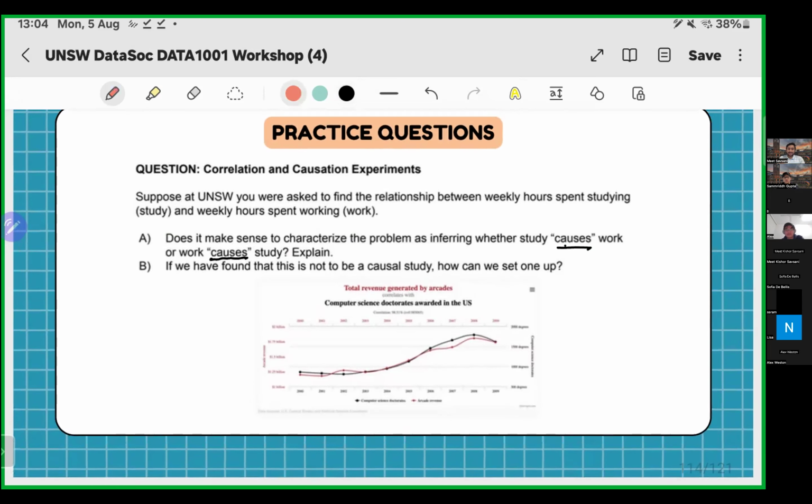To answer this question, you should really know what this causes means. Causes basically means that whatever we are doing in the study is affecting the work, or work is affecting the study. So is it valid to say that study causes work or work causes study? What do you guys think?